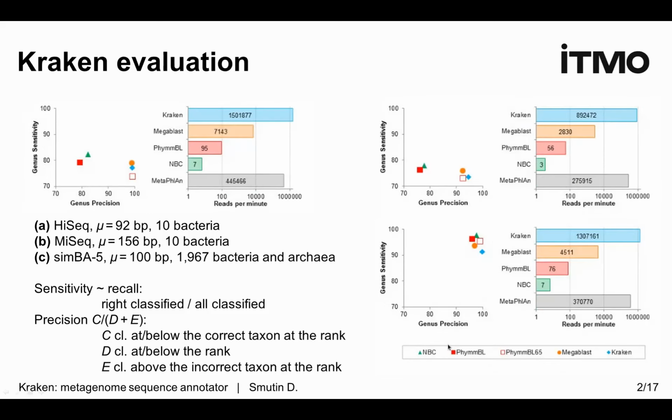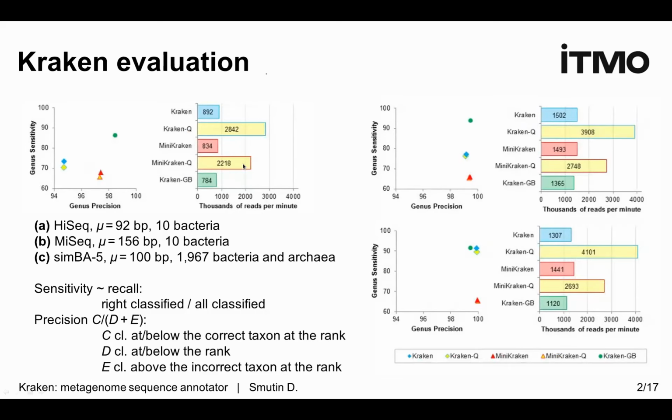On the other hand, Kraken, as well as MetaPhlAn, as well as Megablast, are really precise. So their classifications would be really well used for different machine learning approaches.